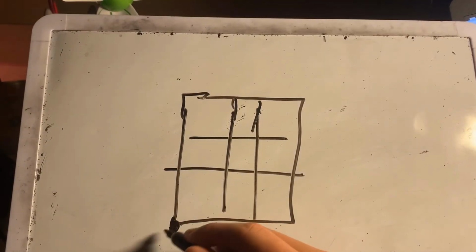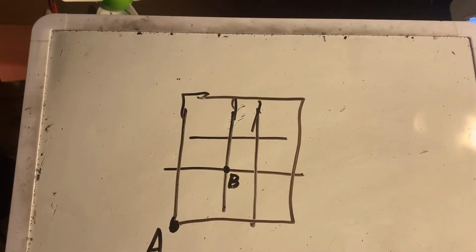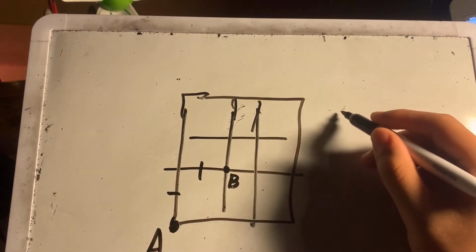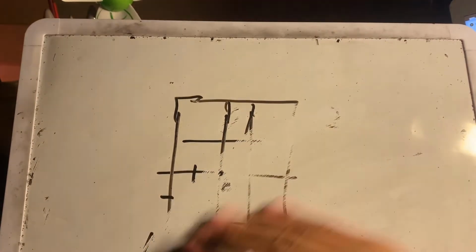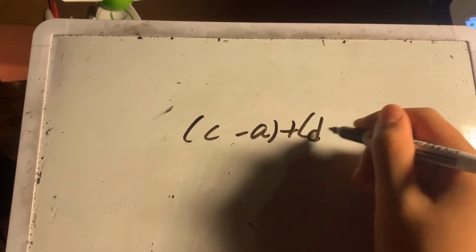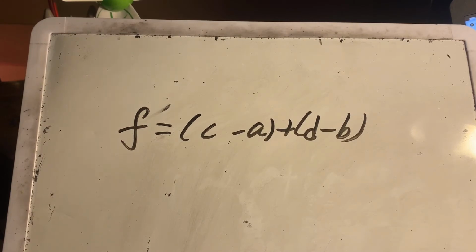We assume this is starting point A. If we want to reach here, we will spend 2. The shortest way of reaching the destination is C minus A plus D minus B, which equals F, the shortest length you can go.